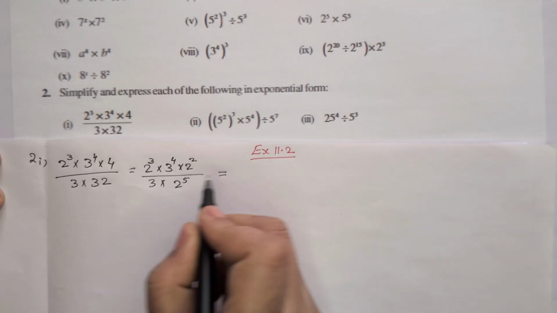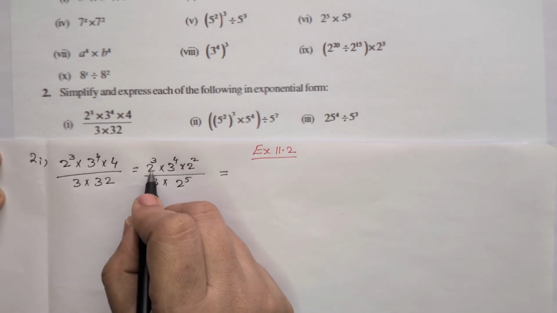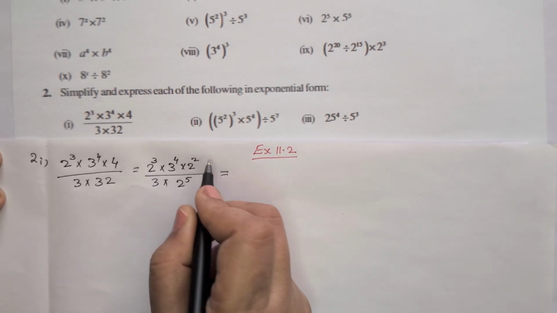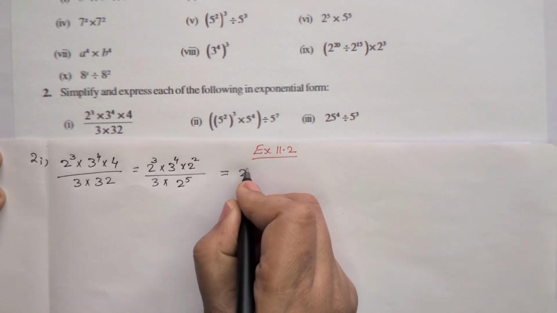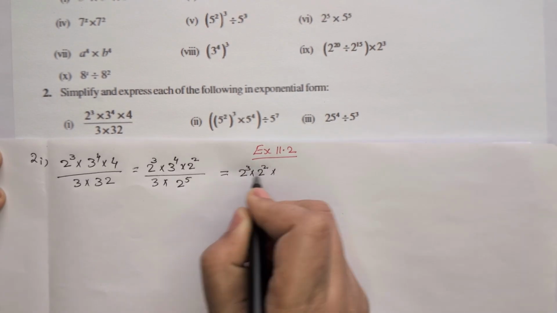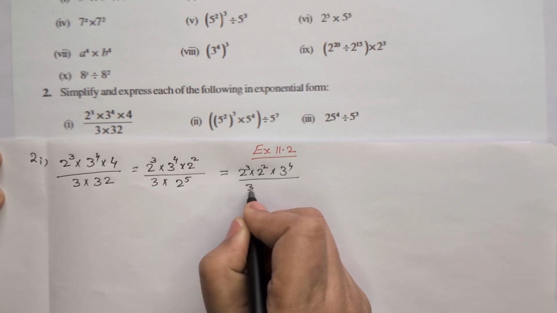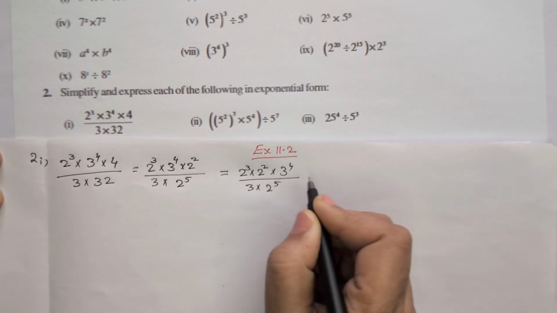Then we can write the powers of 2 together: 2 cube into 2 square, that into 3 raised to 4 divided by 3 into 2 raised to 5.